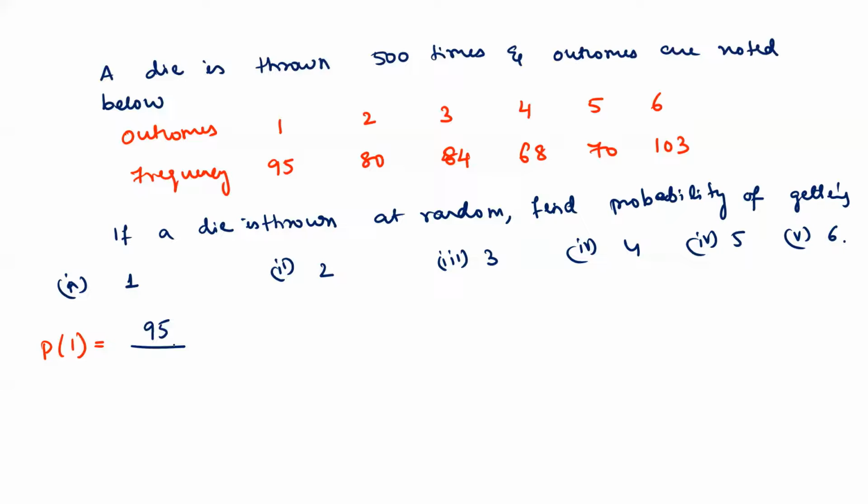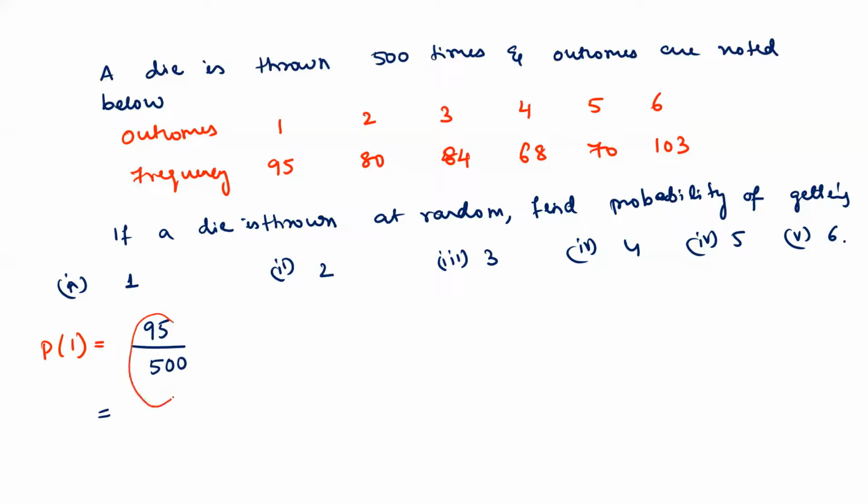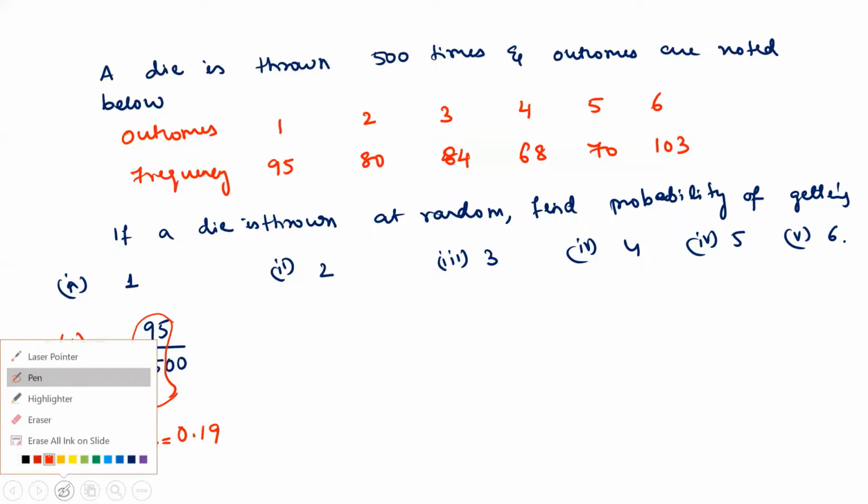So what is it? 95 by 500. Is it divisible by 5? I'll not count zeros here; zeros are the friends. What is 95 by 5? 5 nines are 45, 5 ones are 5, so 19. So it is 0.19.